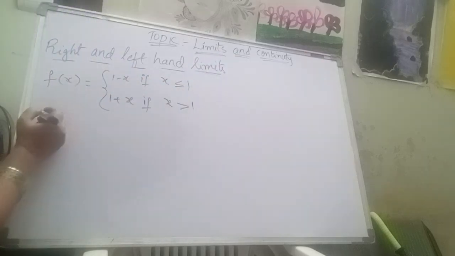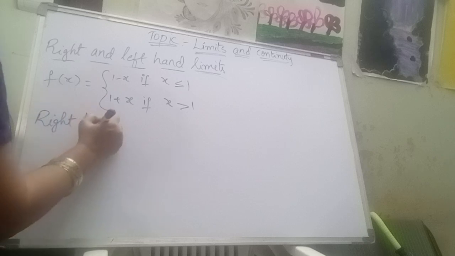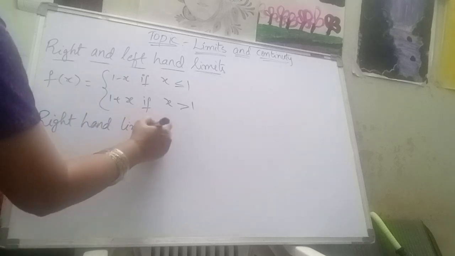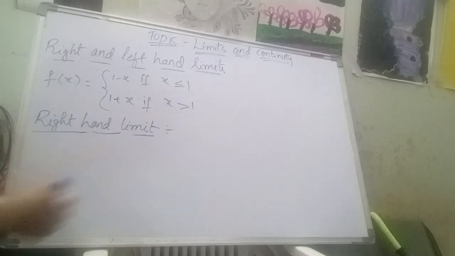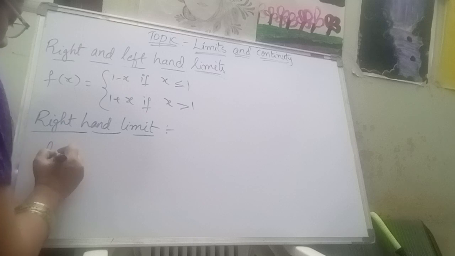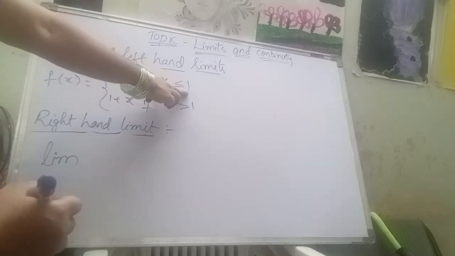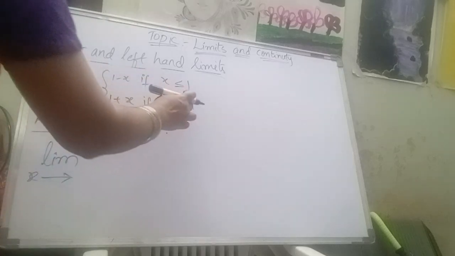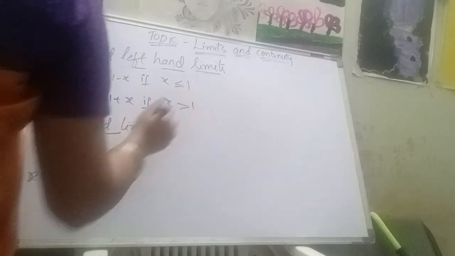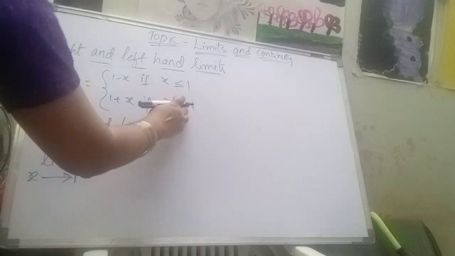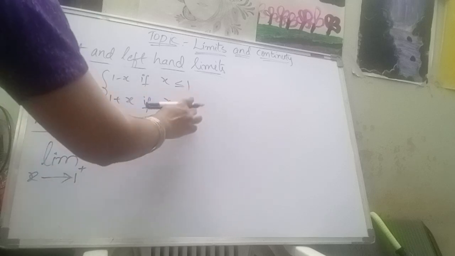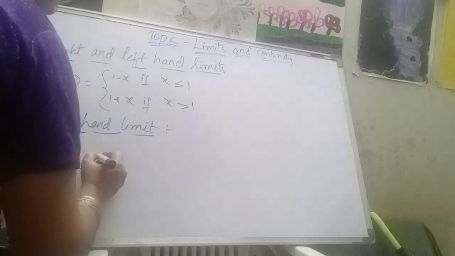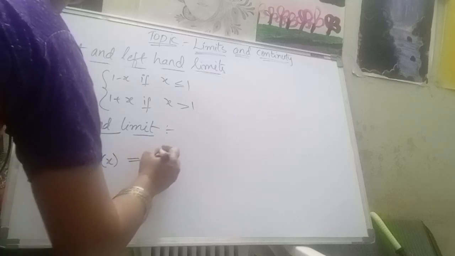Now I am finding the right hand limit. Here it is taken at 1, no? I am taking the right hand limit first, that is x tends to 1 plus, because x is greater than 1.